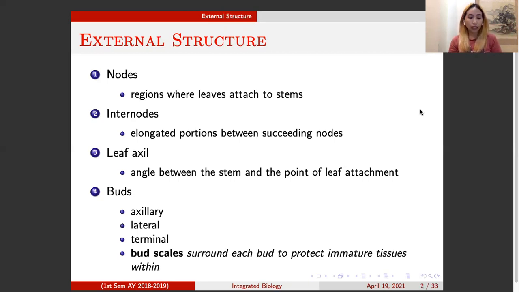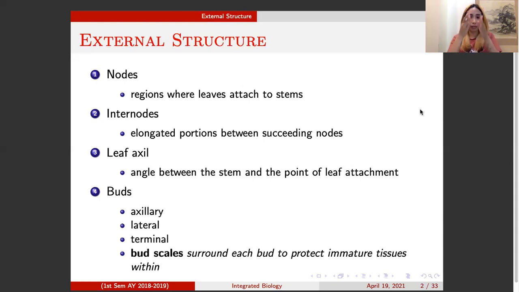These are the different parts of the external structure of the plant that you're going to see. You have the nodes, the internodes, the leaf axil, and different types of buds. When you say nodes, these are the regions where you will find the leaves attached to the stem. If you observe a plant body, you're going to see most of the time this expanded region.